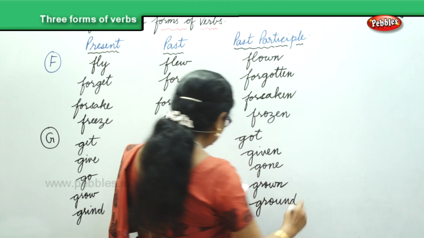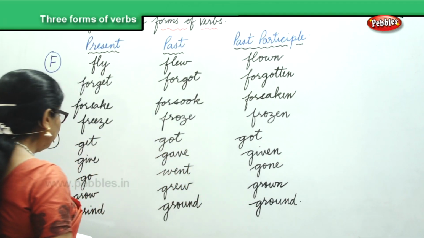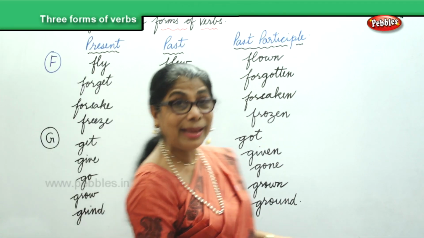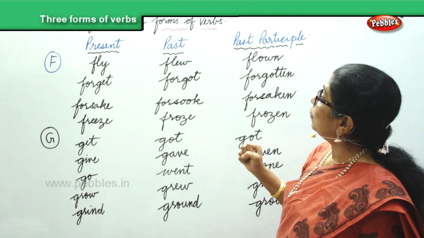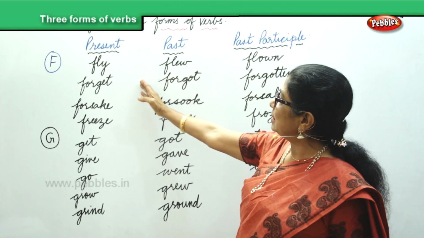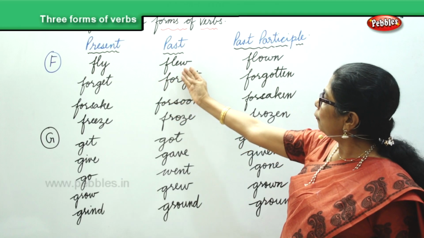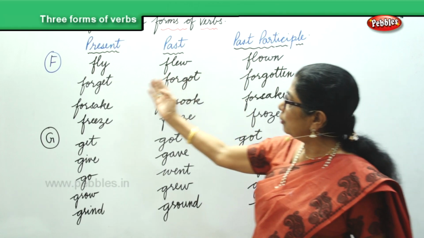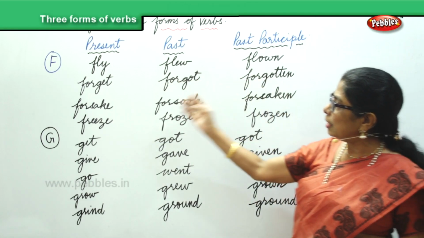Grind, ground. Now we are looking at the strong verbs. We are studying the strong verbs in its three forms: present, past and participle. Fly, flew, flown. Forget, forgot, forgotten.